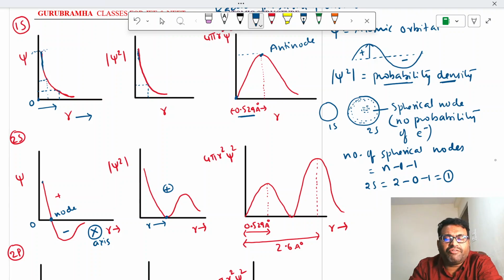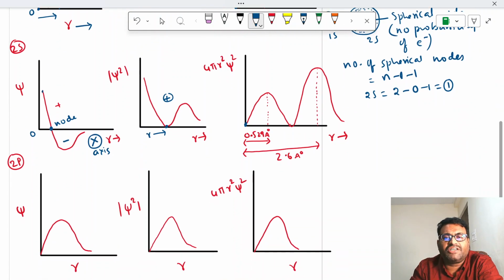Whatever the orbital, when you draw the graph between 4 pi r square psi square and r, it always starts with 0. You have to remember that. So let us take the 2s orbital, there are 2 peaks.